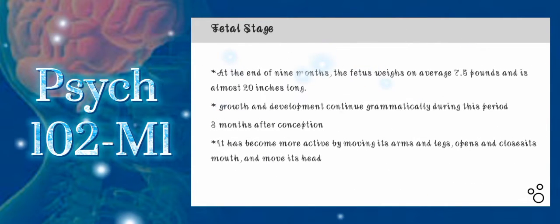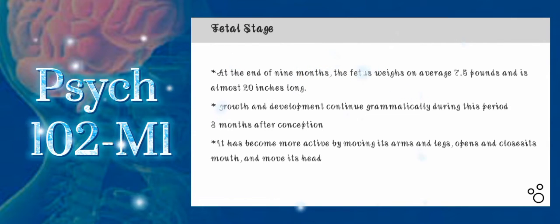At the end of the 9 months, the fetus weighs on average 7.5 pounds and is almost 20 inches long. Growth and development continue dramatically during this period, 3 months after conception. It has become more active by moving its arms and legs, opening and closing its mouth, and moving its head.